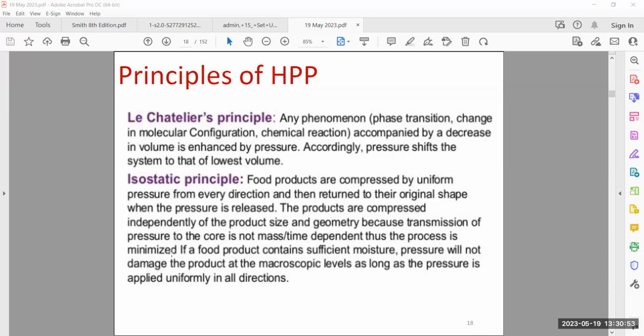The products are compressed independently of product size and geometry, because the transmission of pressure to the core is not mass or time dependent. And if the product contains sufficient moisture, pressure will not damage the product at the macroscopic level as long as the pressure is applied uniformly in all directions.